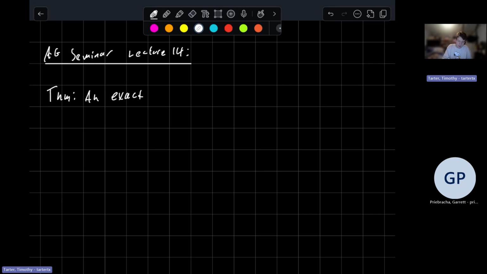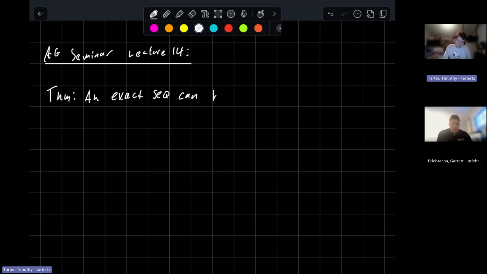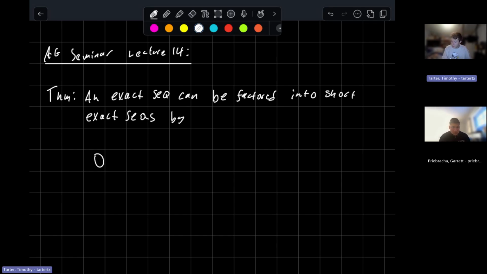An exact sequence can be factored into exact sequences: 0 to ker f_i to A_i to im f_i to 0, and 0 to im f_{i-1} to ker f_i to the ith cohomology group to 0.